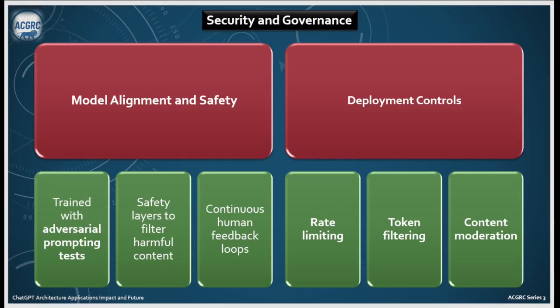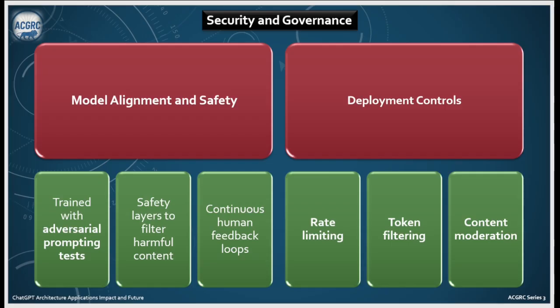What are adversarial prompting tests? These are special tests where researchers intentionally create tricky questions to check, can ChatGPT be tricked? Does it stay safe and responsible even under pressure? How strong and smart are its guardrails?